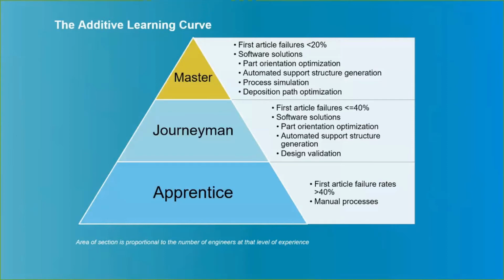Regardless of where you are in your AM journey, Siemens Solutions can help you move up the learning curve to realize lower failure rates and a better return on your additive manufacturing investment. Printing first-time right parts is definitely a lofty goal, but Siemens Solutions can help you attain additive manufacturing mastery so that you can design and print parts at an industrial scale.